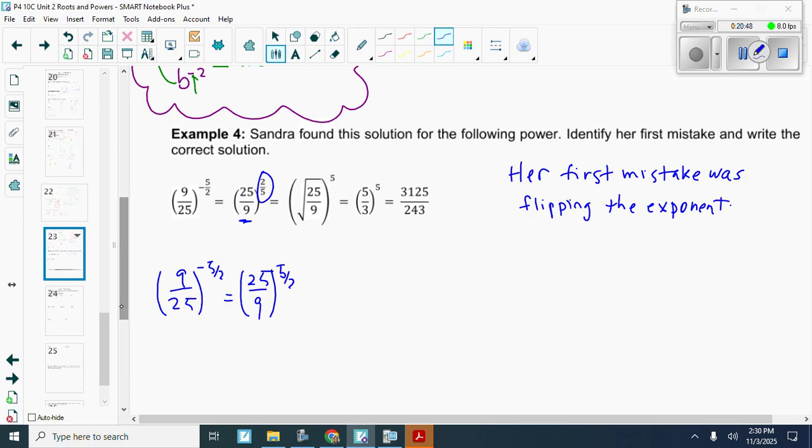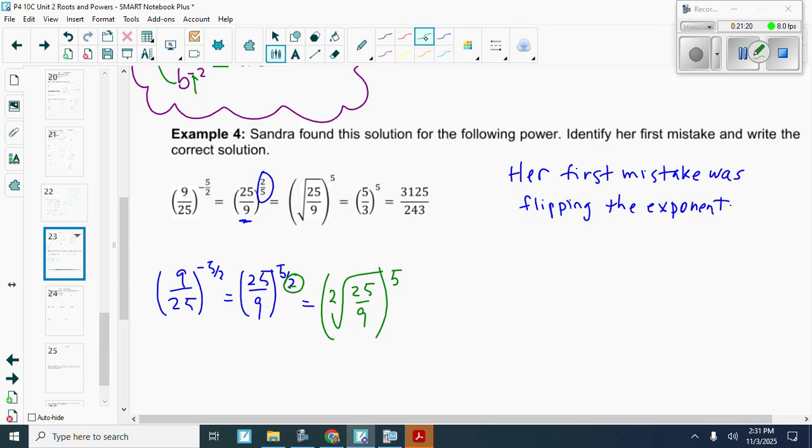Okay, and then I have to write the rest of it. She remembered that on a fraction, the denominator becomes the index. So whenever you see an exponent that is over 2, it means we're going to be taking the square root. So that's where the square root sign came from, and this whole thing is still to the power 5.